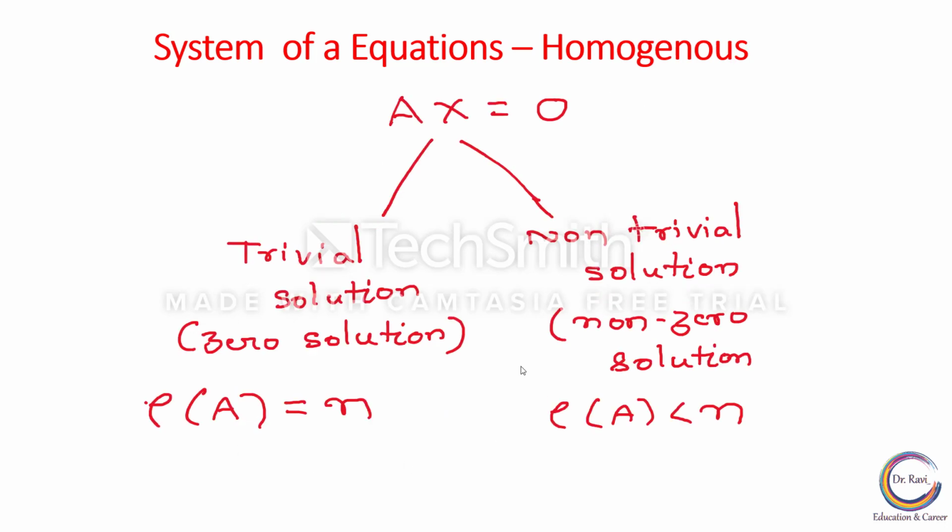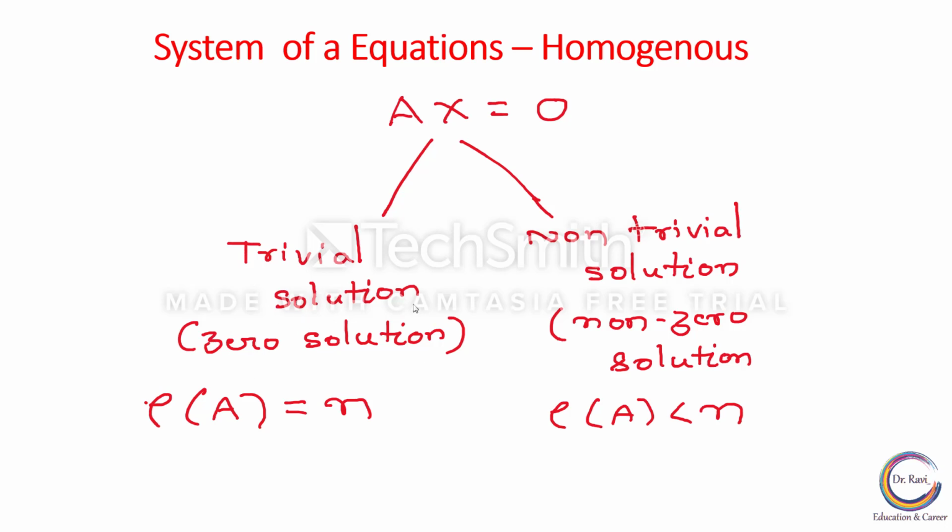Next is the homogeneous system, right? Homogeneous system means when the b becomes 0, AX equal to 0, that means it is like x plus 2y plus 3z equal to 0. That means all the right-hand sides are zeros. That is AX equal to 0. In a homogeneous system, a solution always exists, because if we take x equal to 0, y equal to 0, z equal to 0, these always satisfy the system of equations, which is called the trivial solution or zero solution, right?